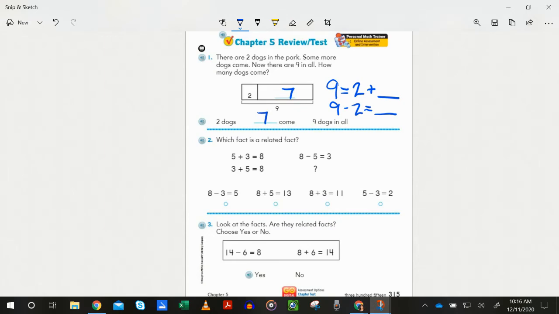Number 2, I see that 5 plus 3 equals 8, and I can add in any order, so 3 plus 5 is also going to equal 8. Then we come over here, we have the whole 8, so you can think of it with the families. Remember, 8 is the whole family, but 5 goes to the store, 3 is left alone.